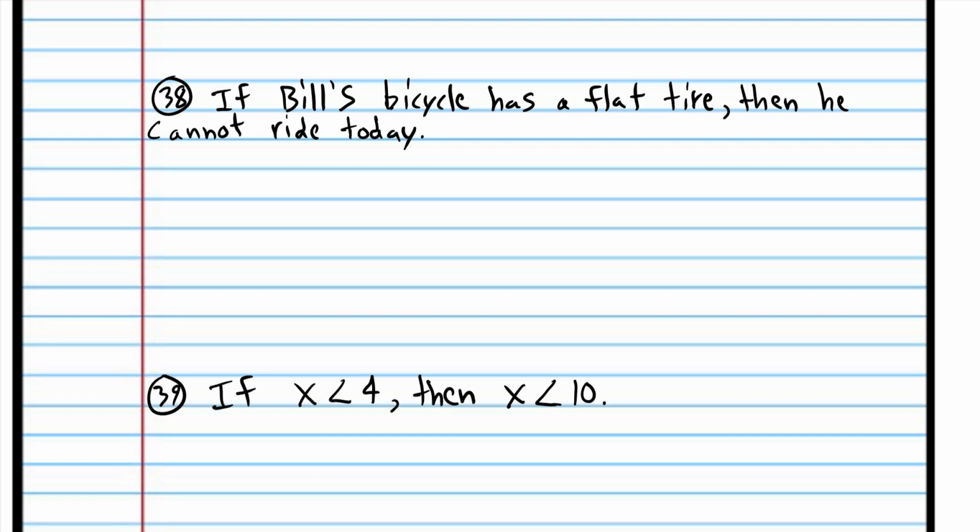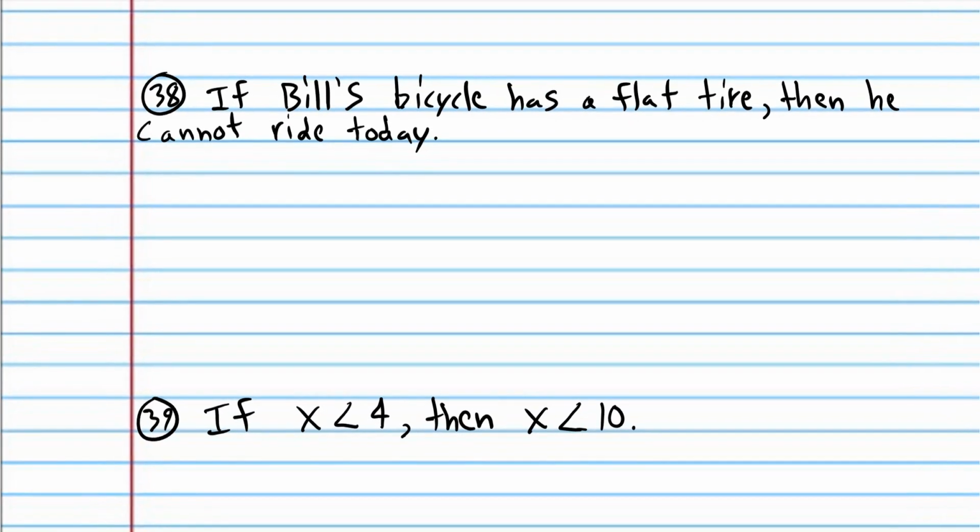The converse is if Bill cannot ride today, then he has a flat tire. The converse is not really true because it's possible that he can't ride just because he's busy. He might be busy doing something else. It might not be that he has a flat tire.